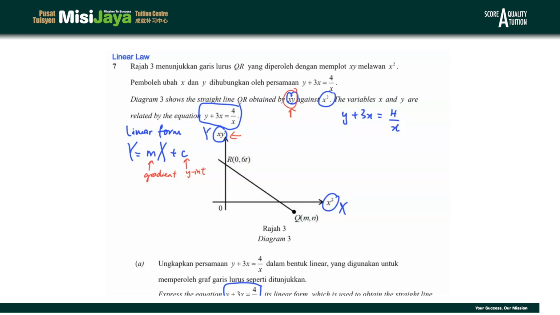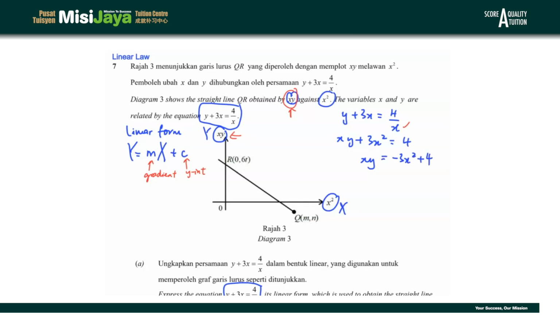So I'm going to get rid of this x by multiplying all the terms with x. Then there will be no more fractions, no more denominator. So xy plus 3x squared equals 4. I want my xy on the left, so this 3x squared, I'm going to move it to the right. So it becomes negative 3x squared plus 4.